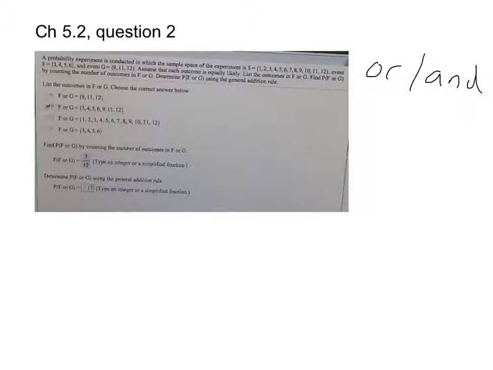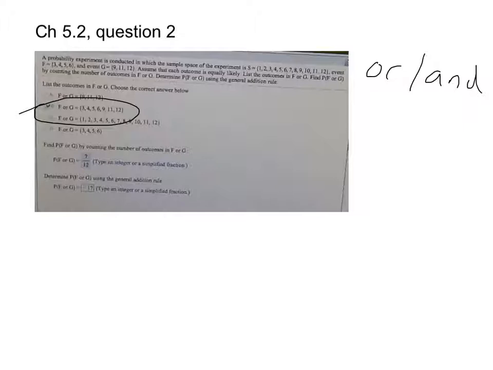So if you roll and you get a 3, a 4, a 5, a 6, a 9, or 11, either F or G happened, okay? And it's important to note between F and G, it'll be important later, that there's no number that's both F and G, okay?